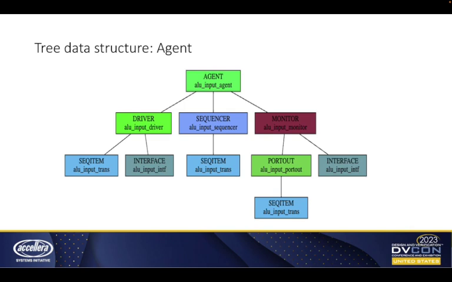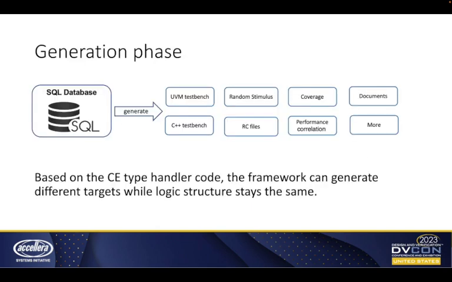So in the generation phase, we will use the post-order traversal algorithm to generate a whole test bench in the correct order. Based on different CE types and their handler code, the G-code can use the information in the database to generate different kinds of products, more than a UVM test bench.